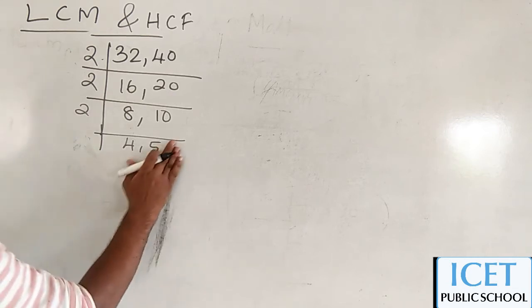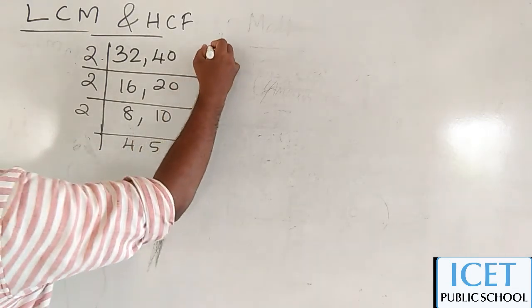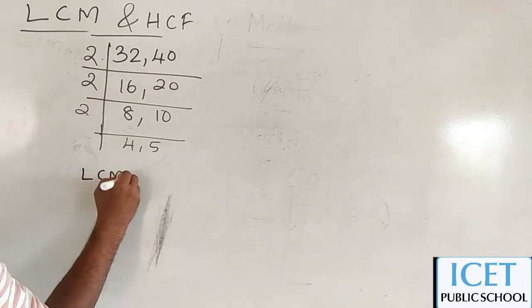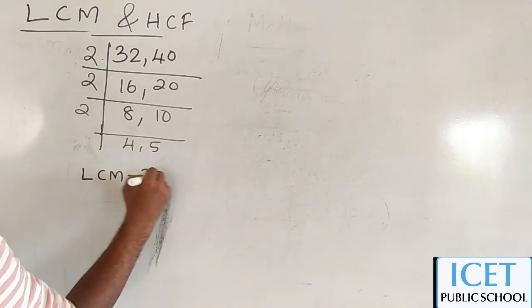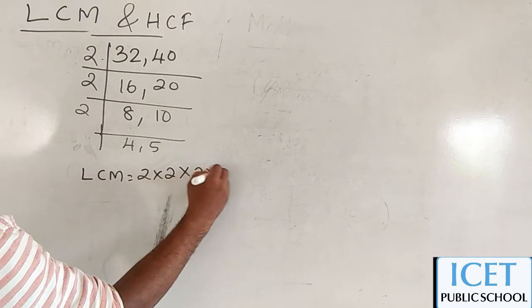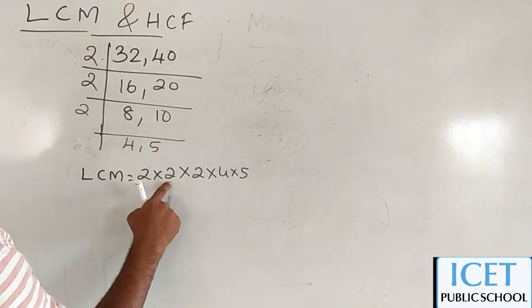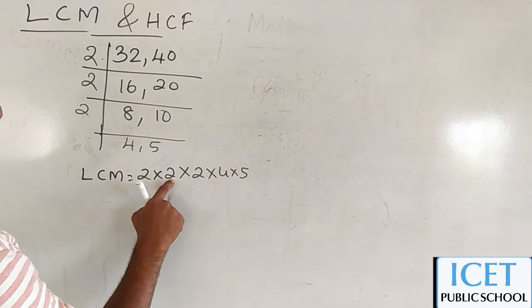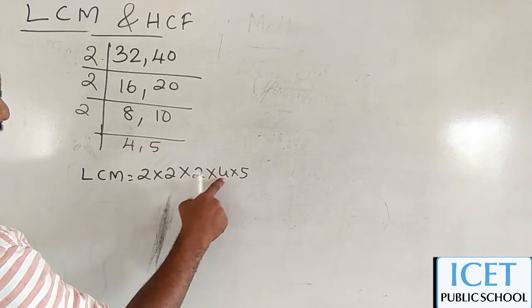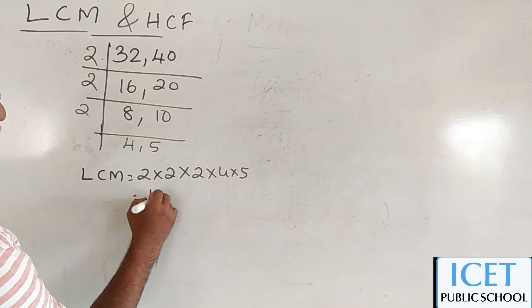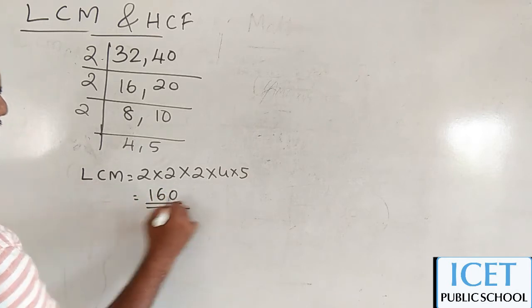So here there is no more 10. So we can stop here. So what is LCM? LCM is equal to 2 into 2 into 2 into 4 into 5. Right. So what is the answer here? 2 into 4, 8 into 2, 8, 4, 8 into 4, 32, 32 into 5. 160 is the answer. So 160 is the LCM.